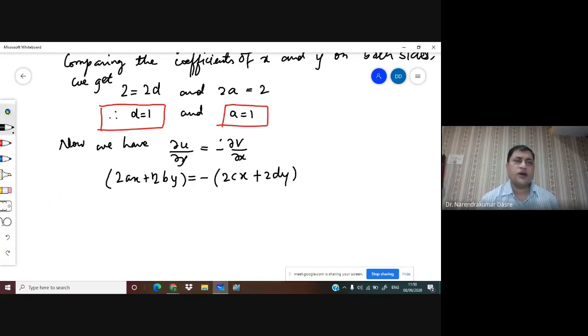Now simplify this. So we have 2ax plus 2by is equal to minus 2cx minus 2dy.